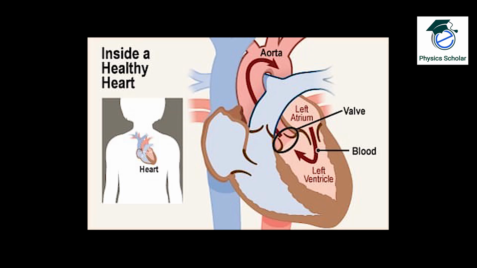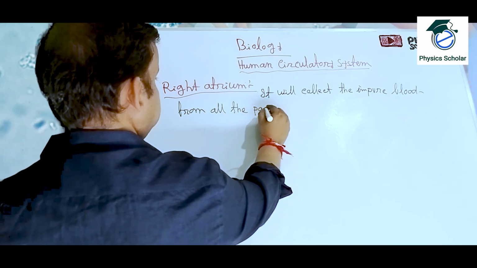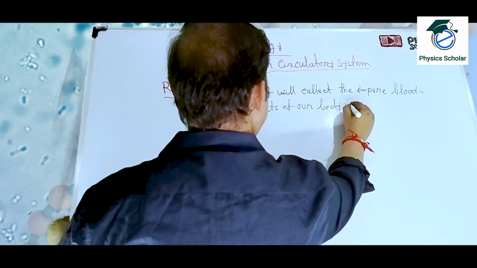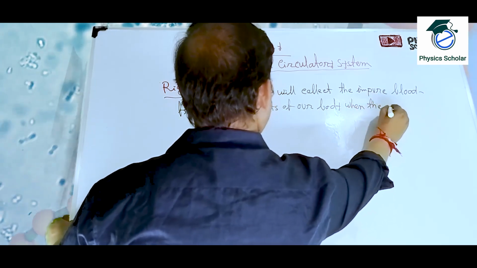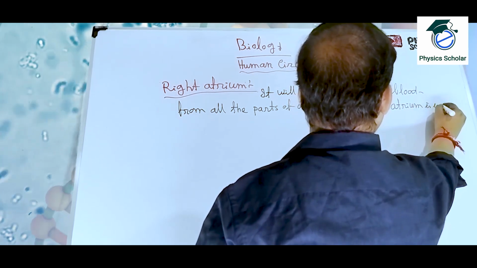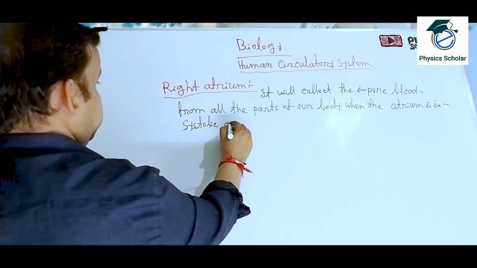It will collect the impure blood from all the parts of our body when the atrium is in systolic condition.